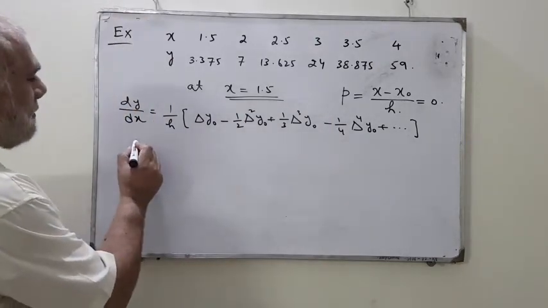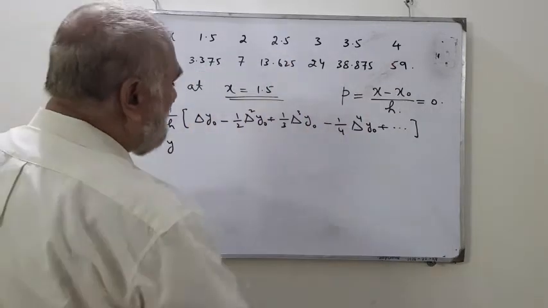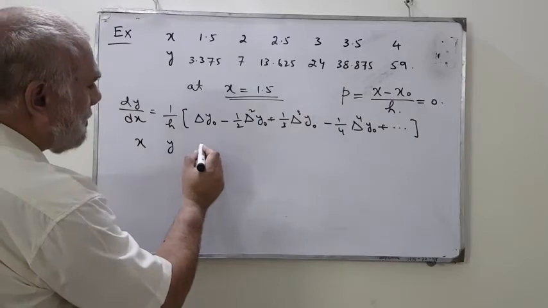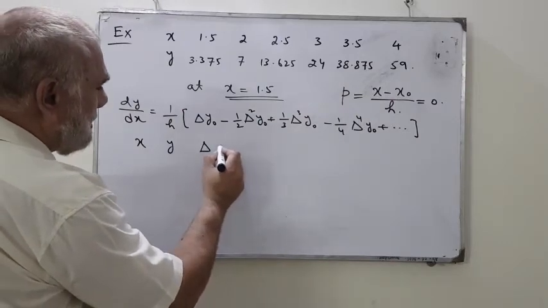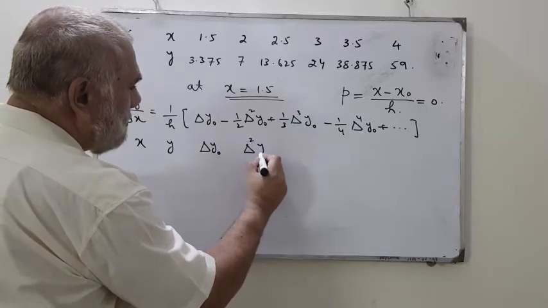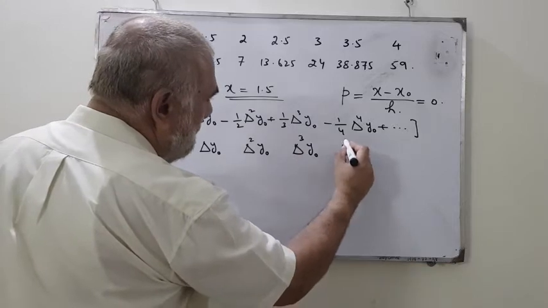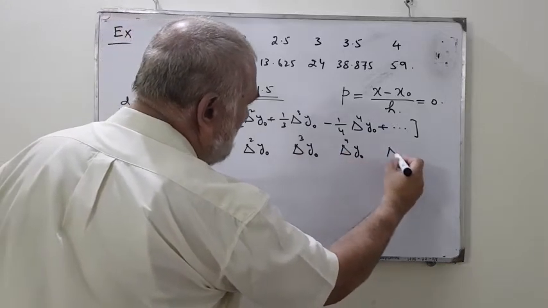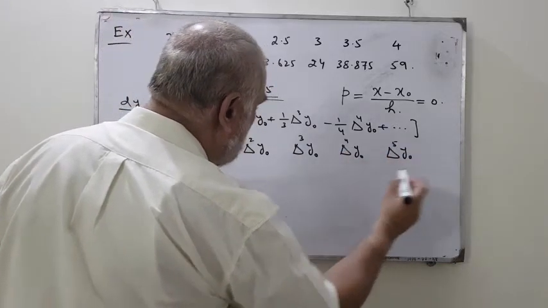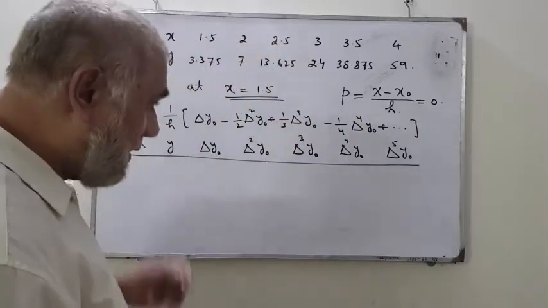Here we are given the values of x and y, and you can count that there are 6 points, so we can go up to the fifth order difference. So this is delta y0, delta 2y0, delta 3, delta 4, and we can go up to delta 5. These are the heads under which we have to fit the values.